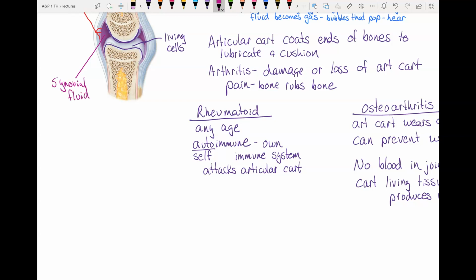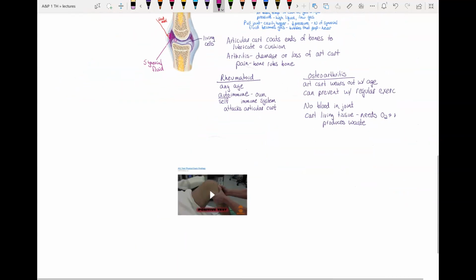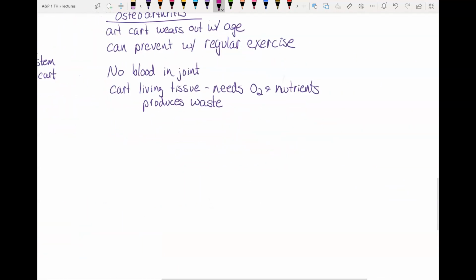This fluid has access to the blood, so the fluid can come here. It can get nutrients and oxygen from the blood. Then the fluid can pass that nutrients and oxygen to the cartilage. And as the cartilage makes waste, that waste is put into the synovial fluid. And then the synovial fluid can distribute that waste to the blood. So synovial fluid is the middleman.